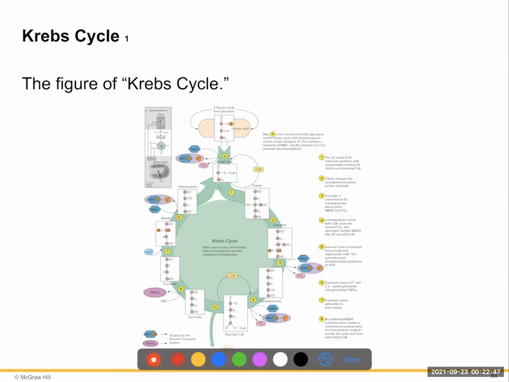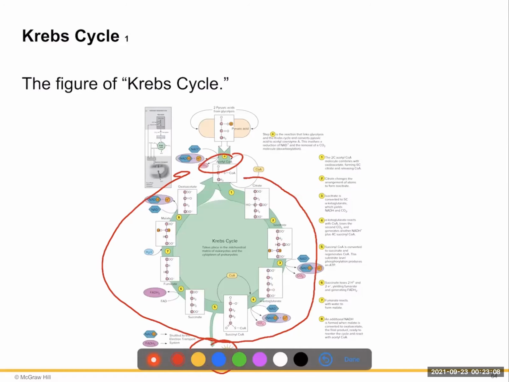This is the Krebs cycle. This is how it runs. So your acetyl coenzyme A comes in there, binds to your pyruvate, and it runs through this cycle. And it forms all kinds of different compounds. And at the end, you get ADP going to ATP.